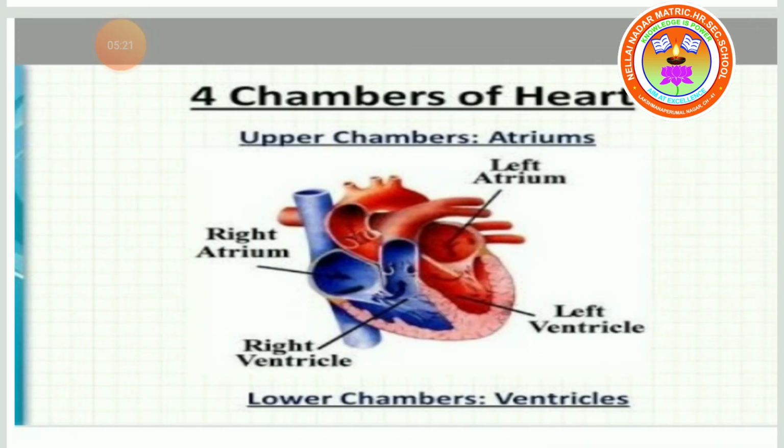The heart is divided into 4 chambers. The 2 upper chambers are called atria or auricles. The 2 lower thicker chambers are called ventricles. The upper and lower chambers of the heart are separated by a muscular wall or tissue known as the auriculoventricular septum of the heart.